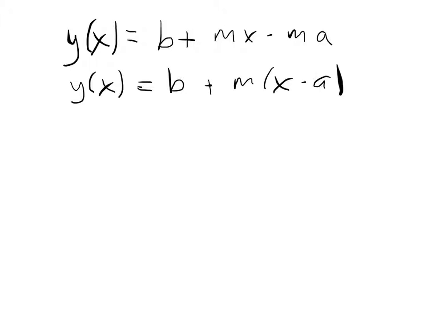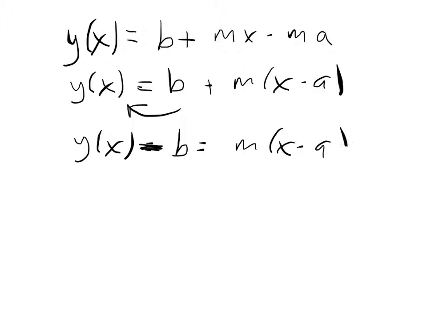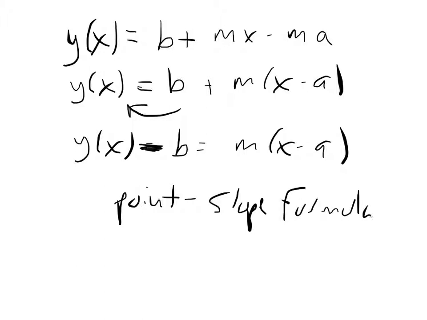Bring your b over to the other side: y of x minus b equals m times x minus a. And you'll note there then we have the point-slope formula for a line.